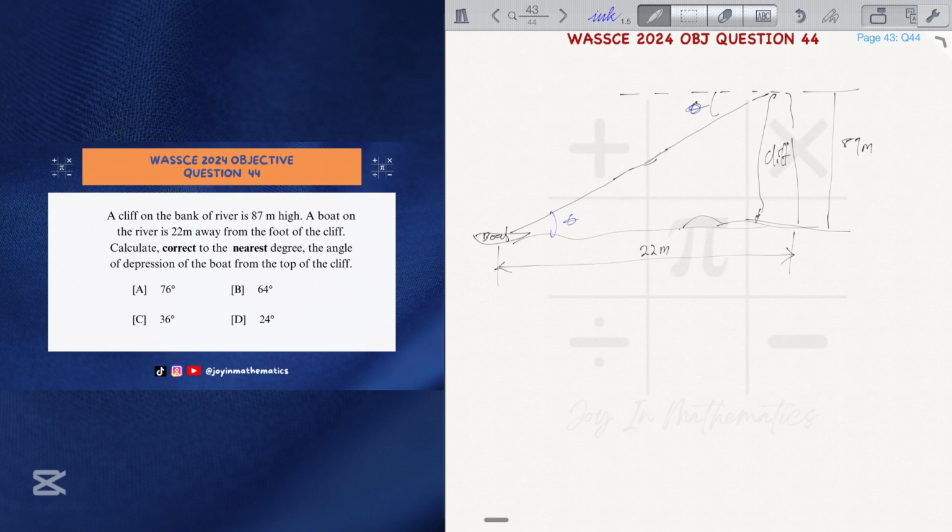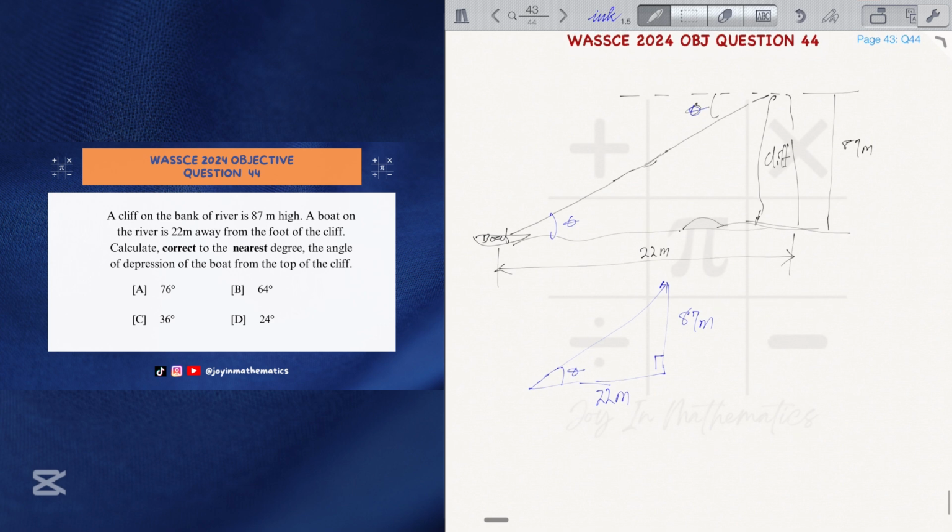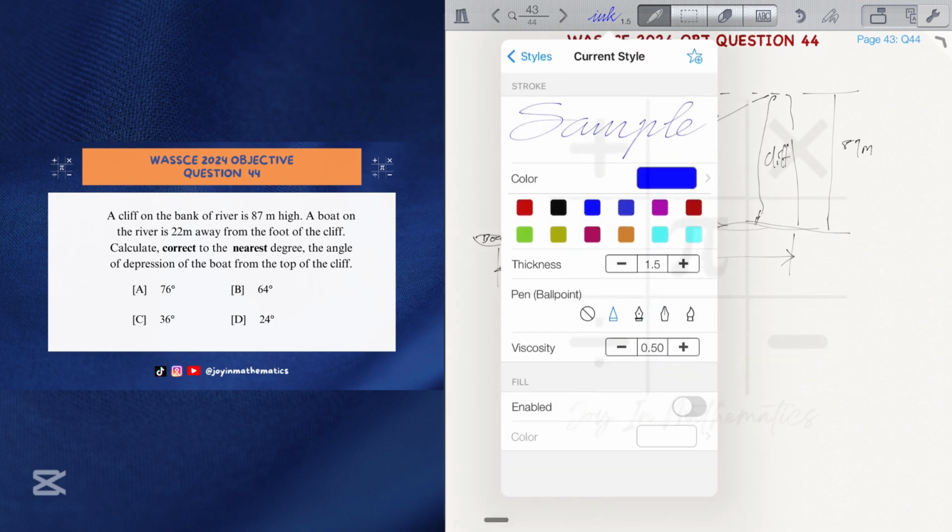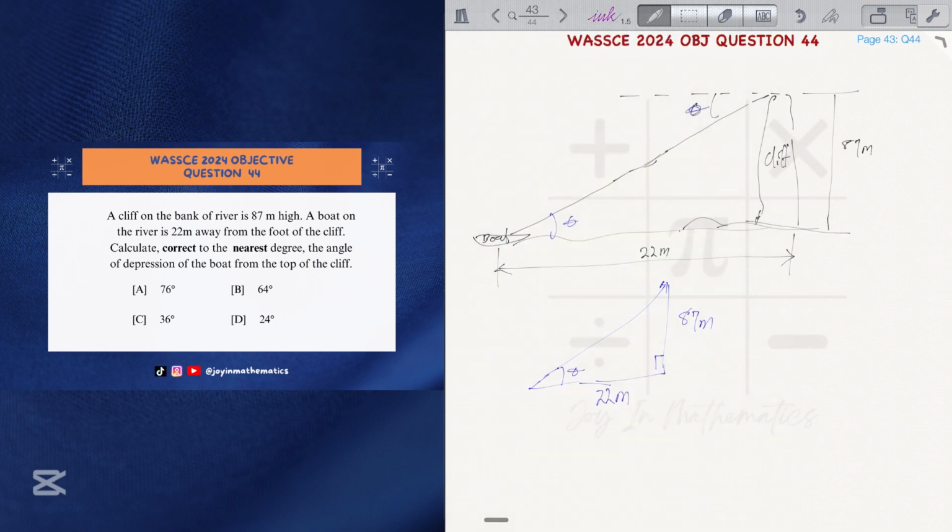So we can redraw this diagram to make it more understandable. So we have theta, 22 meters and 87 meters. And remember, in angle of elevation and depression, it's always a right angle, 90 degrees. So now to evaluate this, we have to look at SOHCAHTOA.